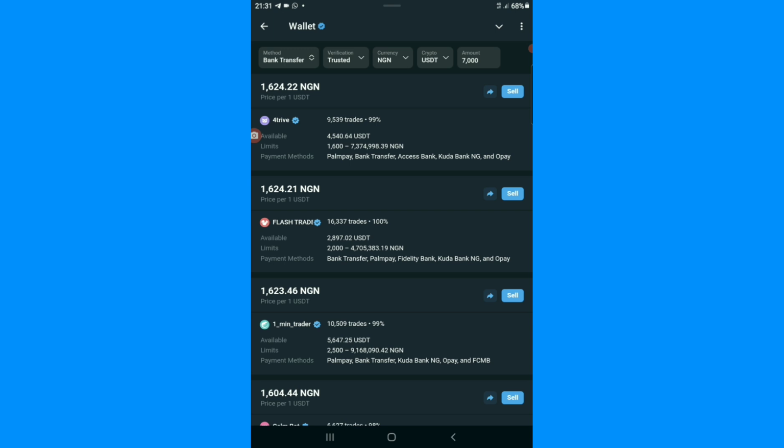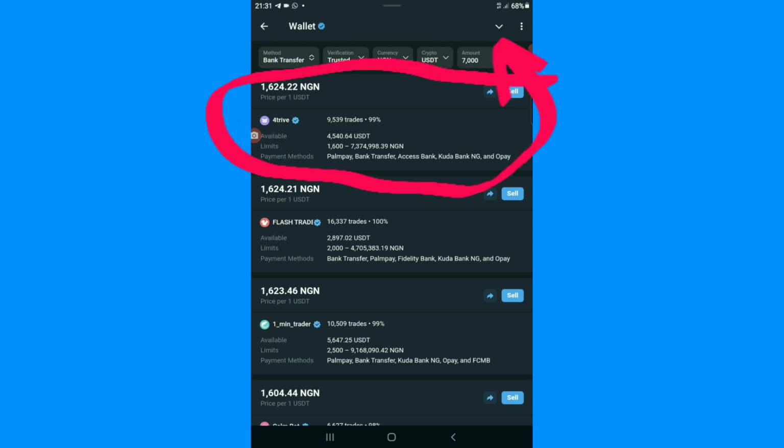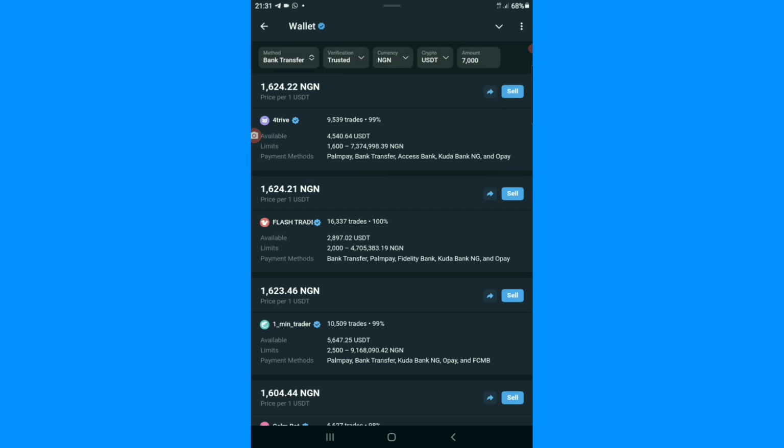So if the money is below this amount or more than 7 million, you cannot trade with this person. And you can see the different payment methods. He allows PalmPay, bank transfer, Access Bank, Kuda Bank, Naira, and OPay. So if you do not fall within this limit, you cannot work with this buyer.